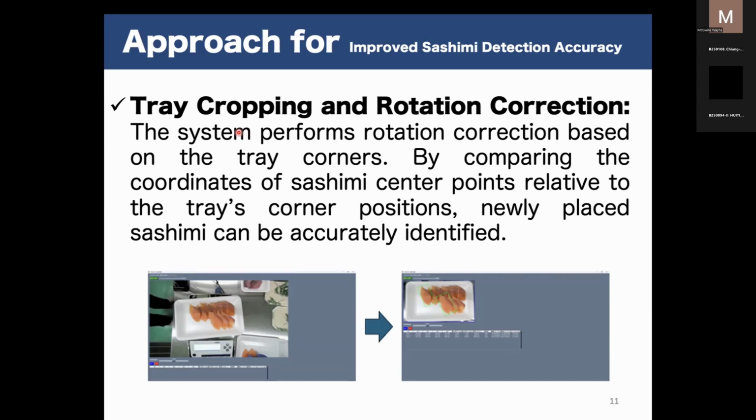We use the Hough transform and a corner detection algorithm to locate the tray corners, then apply an affine transformation to rotate the image so the tray is axis aligned. Once the image is normalized, we measure each sashimi raw fish slice in size relative to the aligned coordinate system, significantly improving the dimension accuracy.